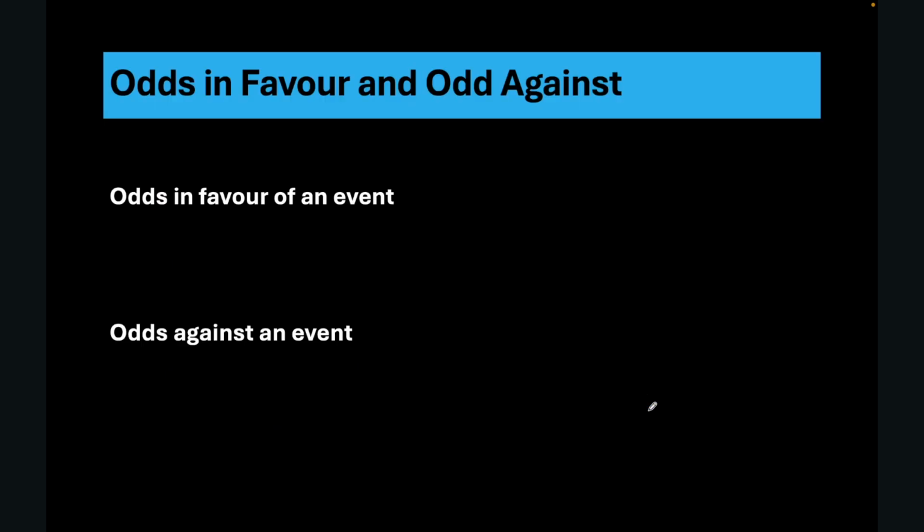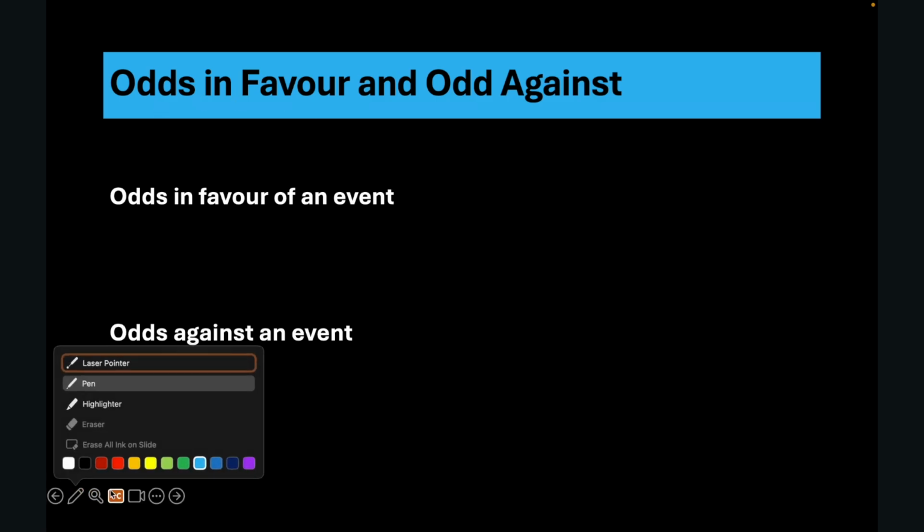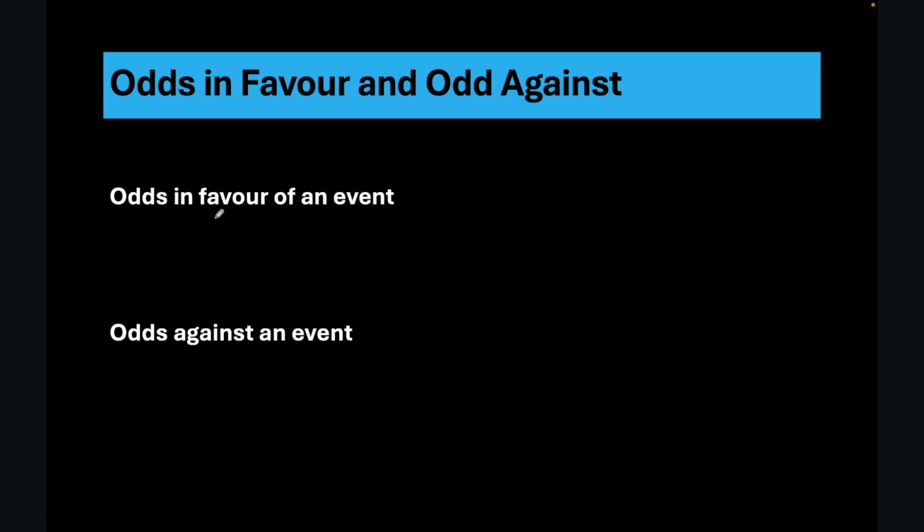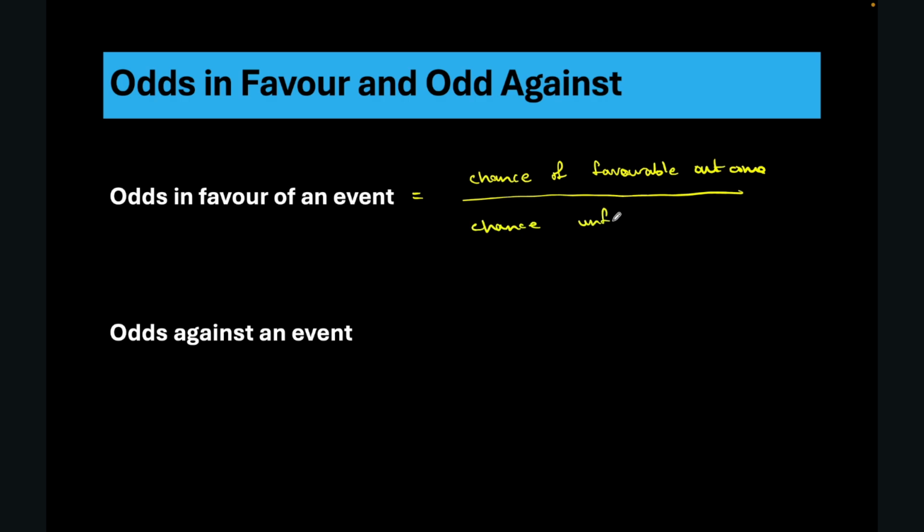Okay, so a quick detour that I wanted to add in this video tutorial was odds in favor and odds against. Again, this is nothing too crazy. It's just a simple thing. What are odds? What does it mean when you say odds are in favor of it? Well, you say the chance of a favorable outcome by the chance of unfavorable.